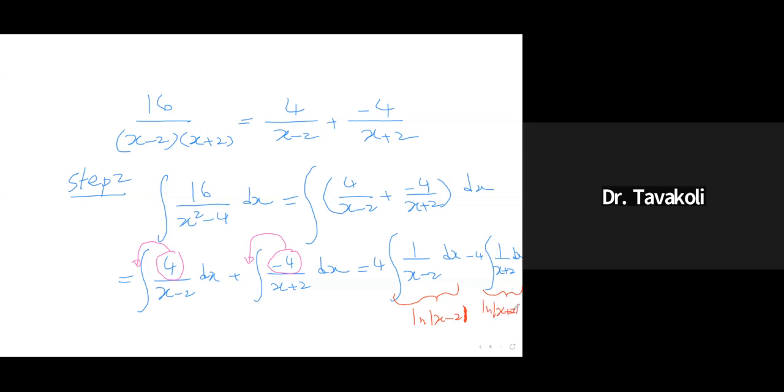So the final answer to this example that I'm going to type in this box is 4 times ln of absolute value of x minus 2 minus 4 times ln of absolute value of x plus 2. And since it's an indefinite integral, plus c at the end.